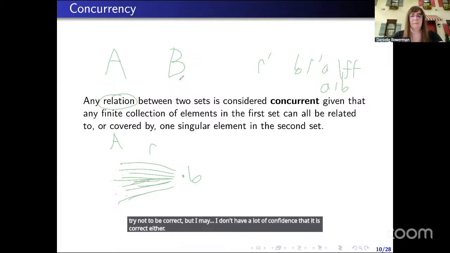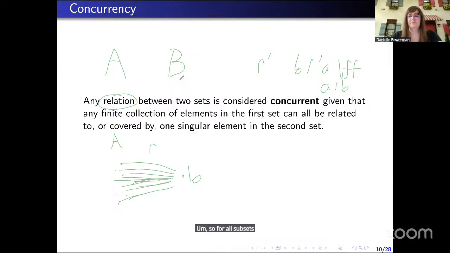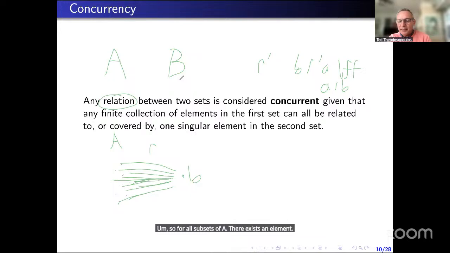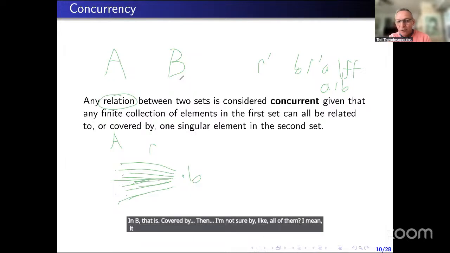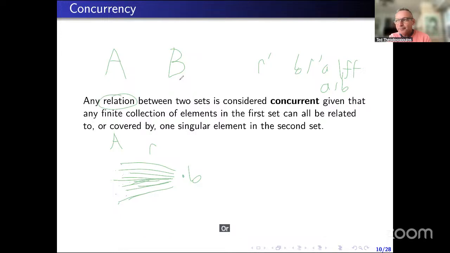For all subsets of A, there exists an element in B that is covered by them. But I'm not sure about all of them. The other direction isn't as nice.